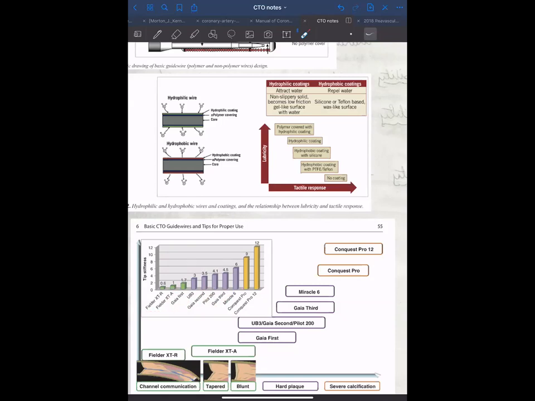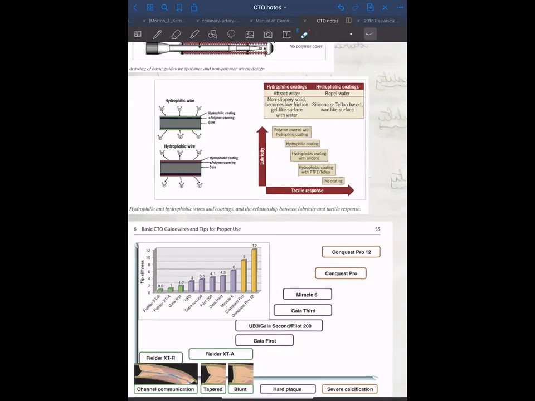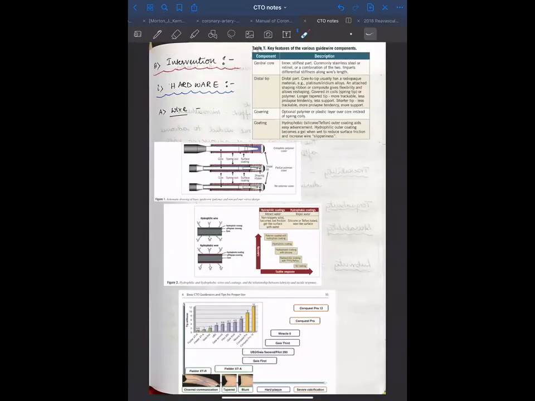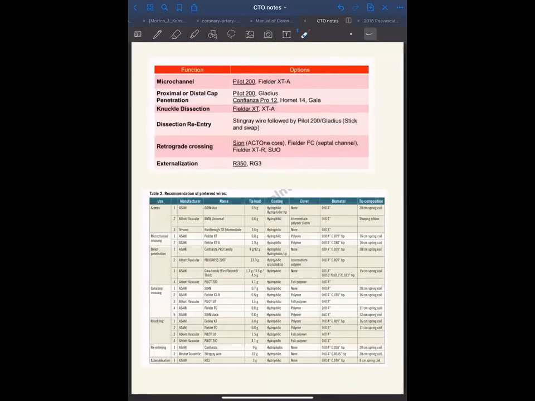For the intermediate kind of lesions which do not fall between this and this, we can use a Gaia 2 or basically a Pilot 200 and Miracle group of wires. And Conquest, one should remember, has a tapered tip design, and it is specifically used for penetrating a calcific proximal cap. We will see these techniques, and also so I mentioned it here.